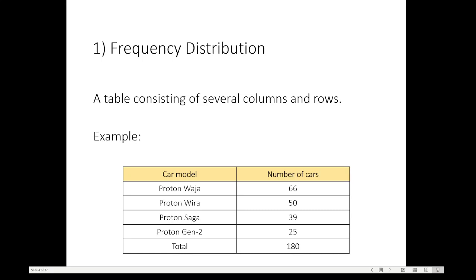So that is basically the basic frequency distribution consisting of columns and rows. The basic one has only two columns and several rows representing the categories of the variable. In this case, the variable is car model.